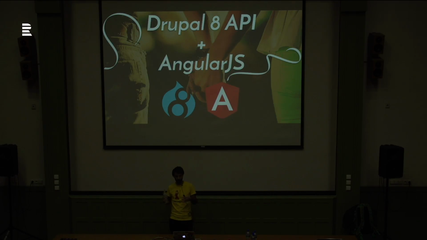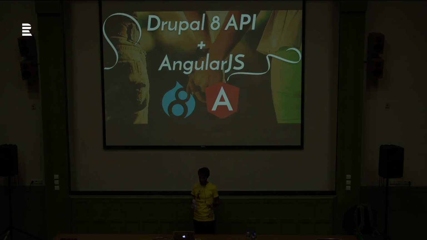And Drupal is very good at doing that. So you already have a system which can take care of your content, of your users' data, of everything. And right now, you can use Angular on top of Drupal in order to get a better presentation layer.